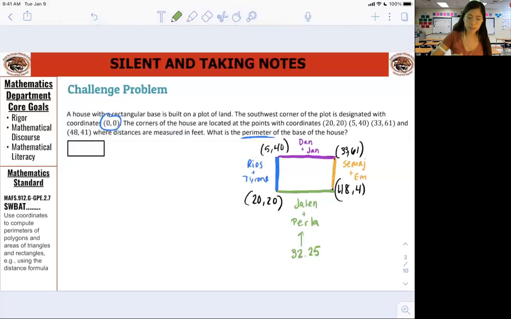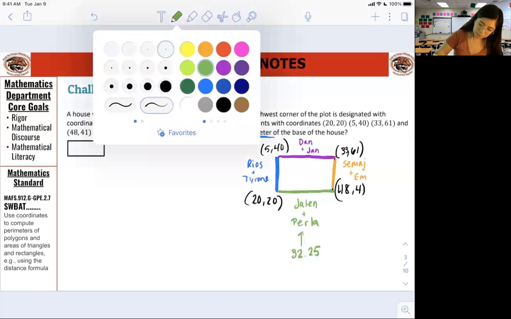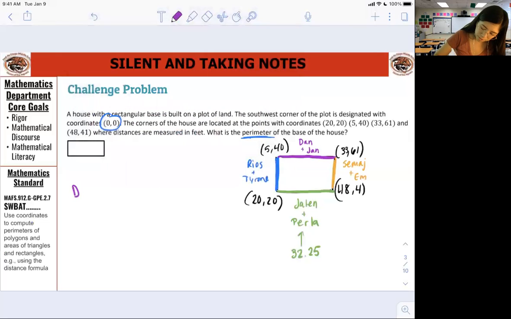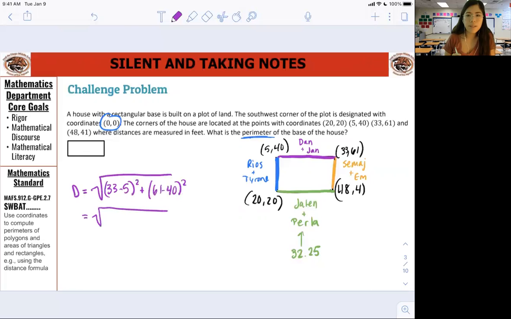So you guys were the purple one. So let's check Daniel and Janelle's. You guys would have had 33 minus 5 squared plus 61 minus 40 squared. So we're doing this together. 33 minus 5, what's that?